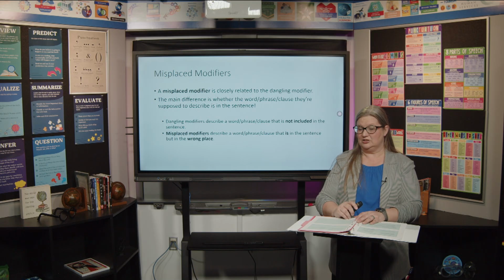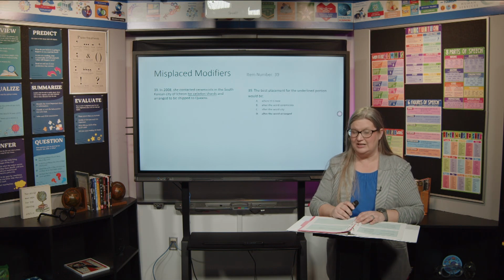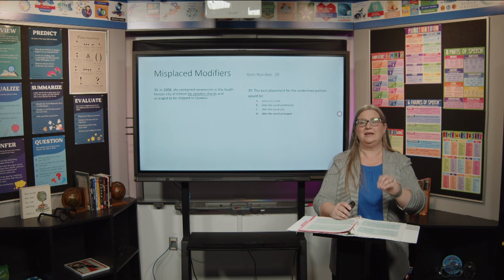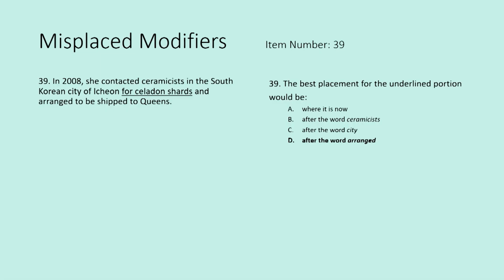So let's look at item number 39 because that is the one that includes a misplaced modifier according to ACT. So let's look at that sentence. In 2008, she contacted ceramicists in the South Korean city of Incheon for celadon shards and arranged to be shipped to Queens.